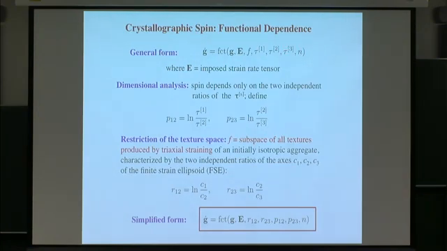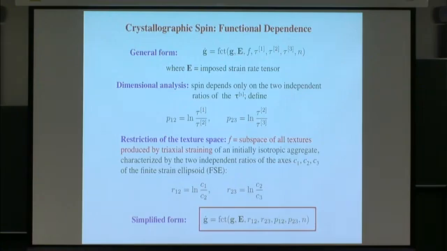So it's a function with lots of arguments. So we use dimensional analysis to show that the spin depends only on the 2 independent ratios of the tau superscript s. So I used these 2 variables here, p12 and p13, which are natural logarithms of those ratios.